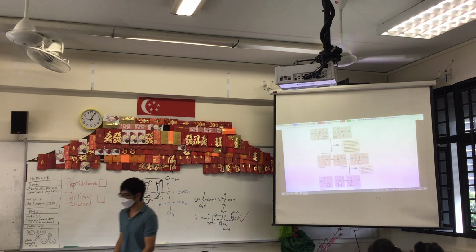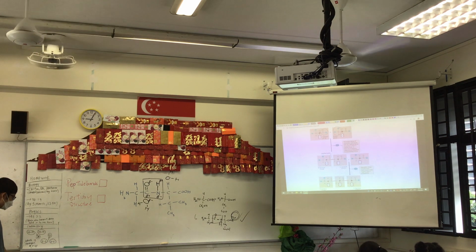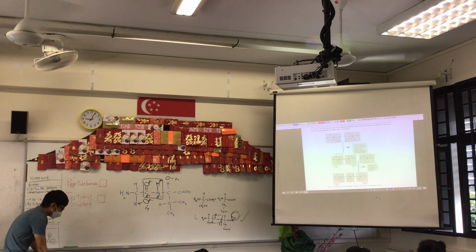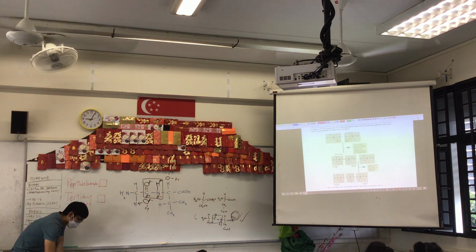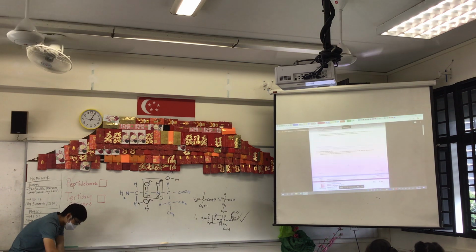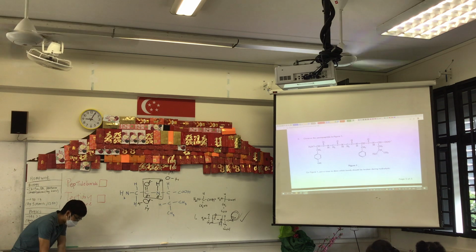Take some time to touch up your notes if you have not drawn in a peptide bond. If you are done, then let's do the reverse. Let's perform hydrolysis. I'd like you to go to 1.5A, scroll to number 5. Observe this pentapeptide.